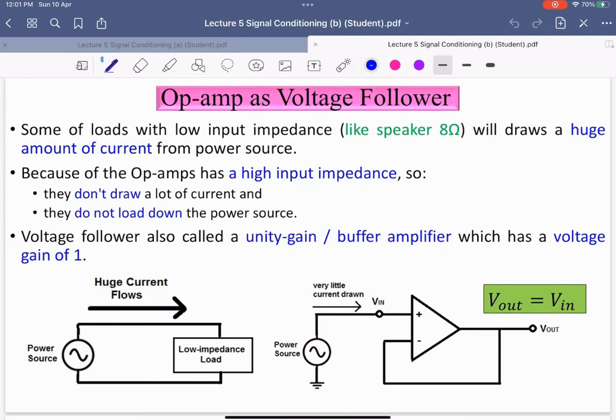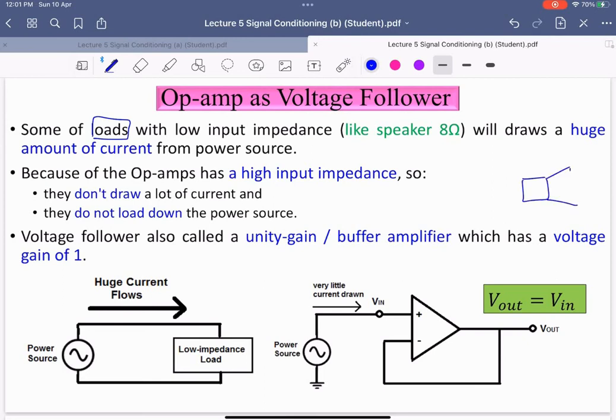When we talk about load, that means you have the sensor, and then your sensor will activate, and we try to drive the load, some actuator. For this case, we have a speaker.